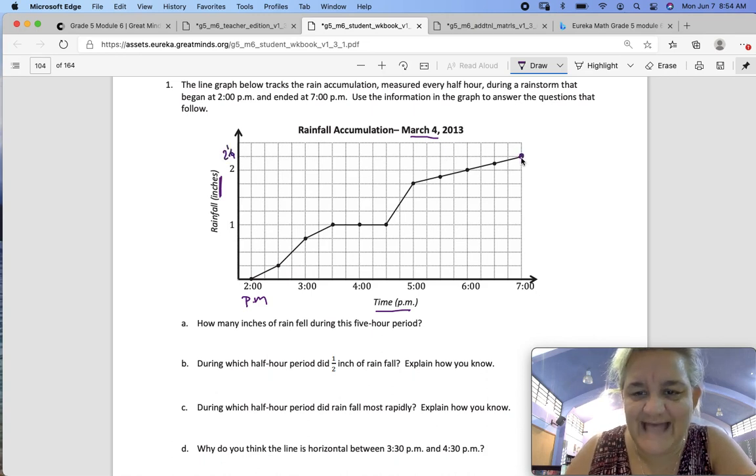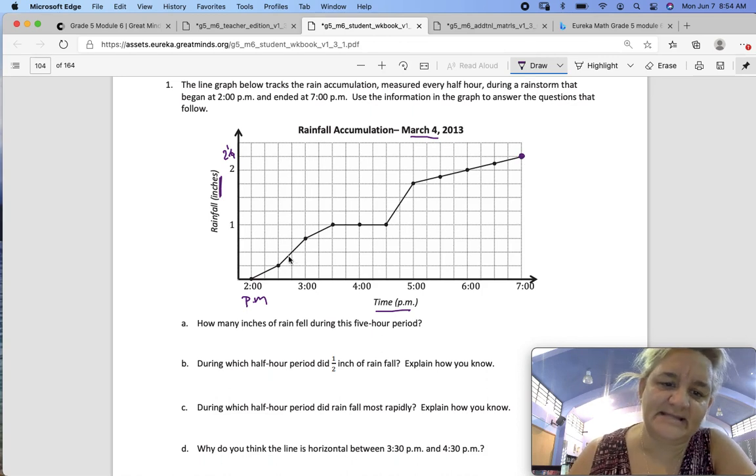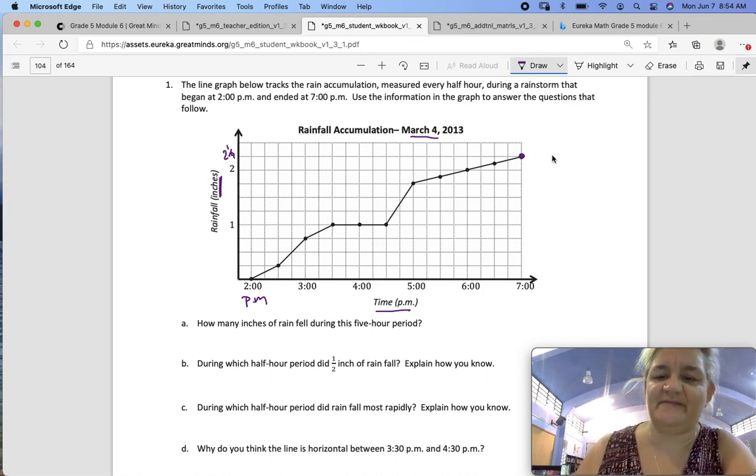So if this is the end of that period and this is how much rainfall was happening, somebody went outside and measured it every 30 minutes, and in the first 30 minutes there was 1/4 inch, and then after the first hour there's 3/4, and then at 3:30 they checked and it was 1 inch, and then it sort of stayed the same, so maybe there was a lull in the storm here.